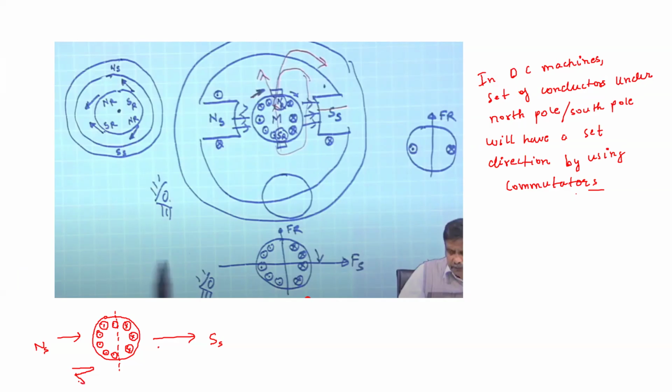You will see that it will be something like this, and then your thumb is like this. So this is how your left hand will be. You will see that your thumb is pointing upwards. Upwards means it is trying to rotate in this direction.